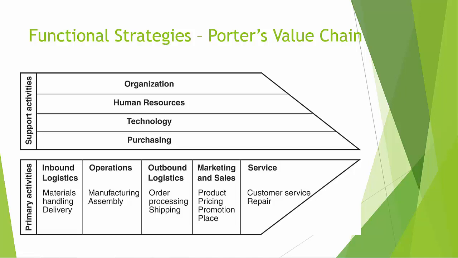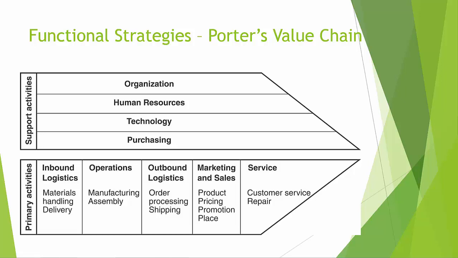You'll find that some organizations sub out their primary activities to other firms, even some of the support activities. Accounting and finance are usually grouped into that bucket we call organization at the top of the support activities. And those functions are sometimes hired out through other firms, so you would have an accounting firm who runs that for you.